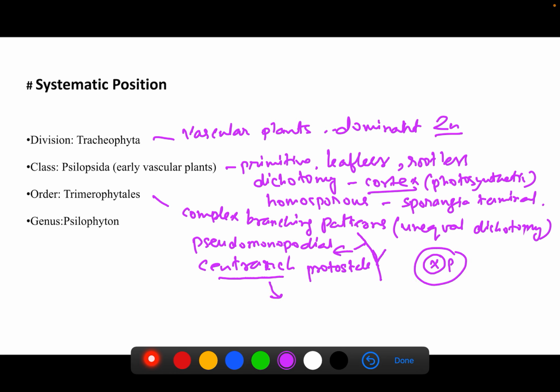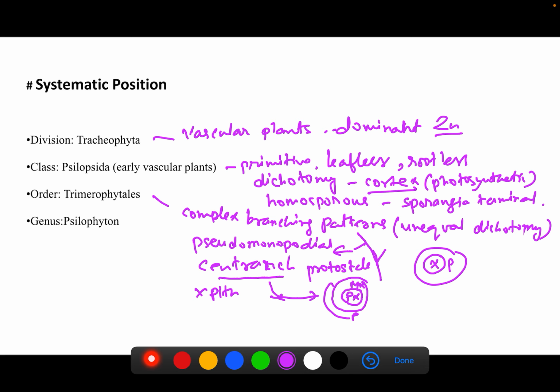In case of centrarch, the first formed xylem is what we call protoxylem. Protoxylem will be at the center, then the next xylem, the metaxylem, surrounds the protoxylem, and then the phloem would be there. So an arrangement where protoxylem is at the center with metaxylem surrounding it, and no central pith, pith is absent, that is what we call a centrarch protostele.